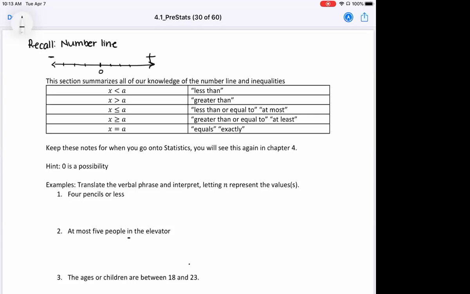And we know that if it's greater than or equal to or less than or equal to, if it has an equal to, then it includes the number. If it has something without an equal to, so greater than or less than, the number is just a starting point.